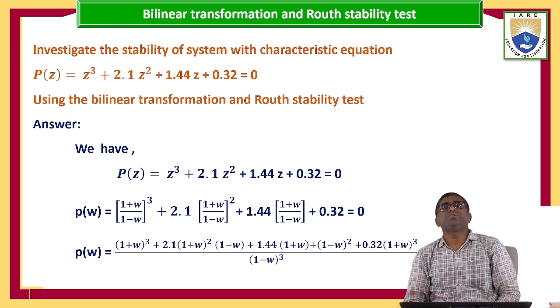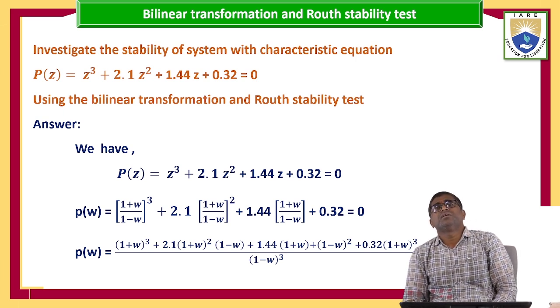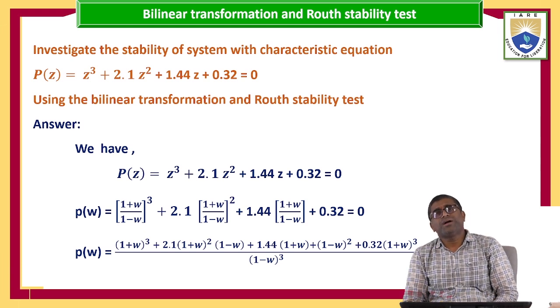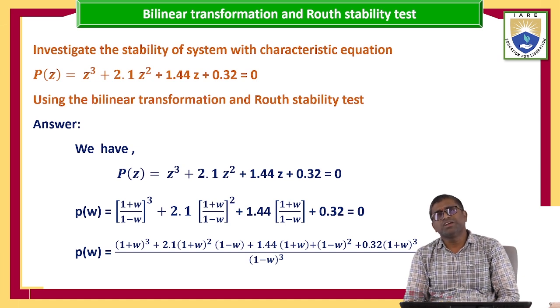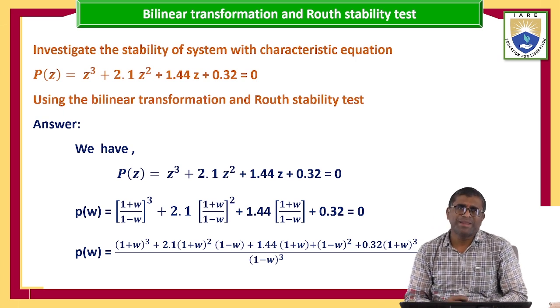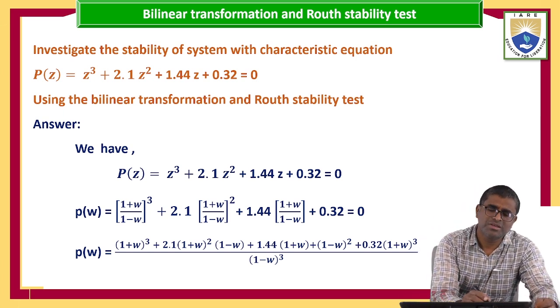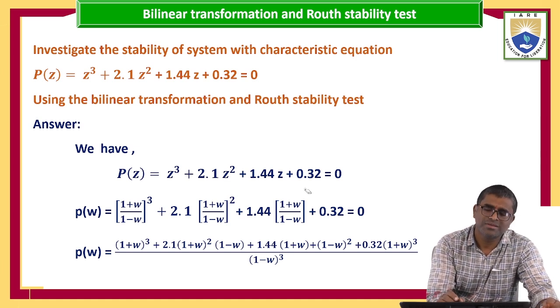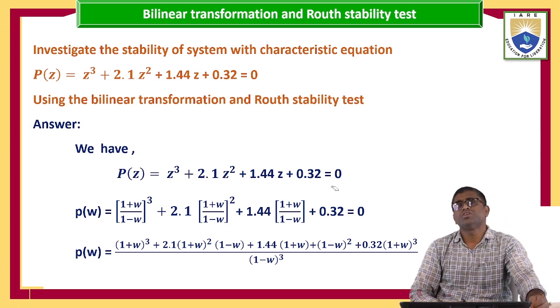By using the bilinear transformation technique and the stability test, we have to find out whether the given characteristic equation is stable or not. So first of all, I take the given equation, P of Z equal to Z cube plus 2.1 Z square plus 1.44 Z plus 0.32 equal to 0.